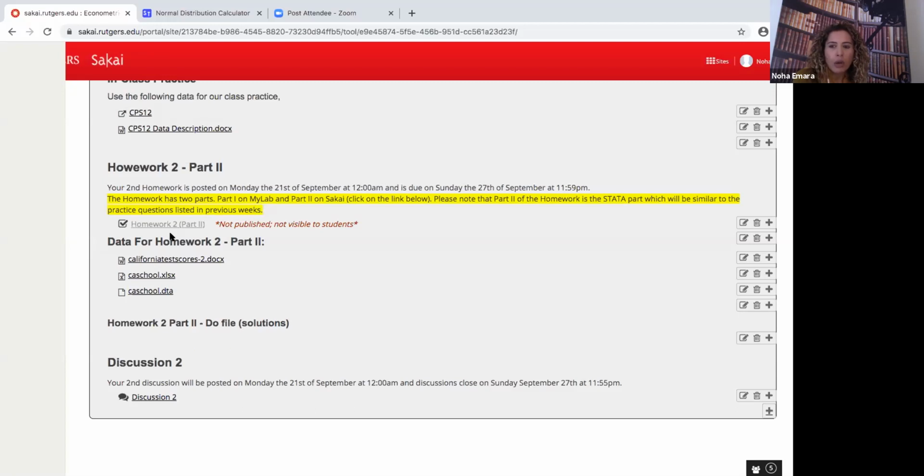Part 1 is on MyLab, similar to the questions you have seen on homework 1 and quiz 1. Part 2 is the Stata application. If you go over the practice questions on Stata and practice enough to be confident about how to estimate a model using the software, then you should be fine with part 2.